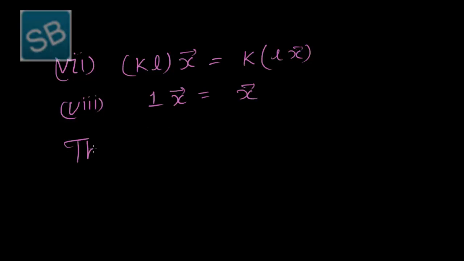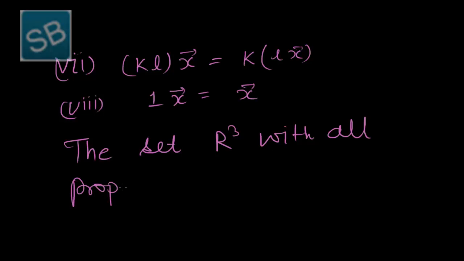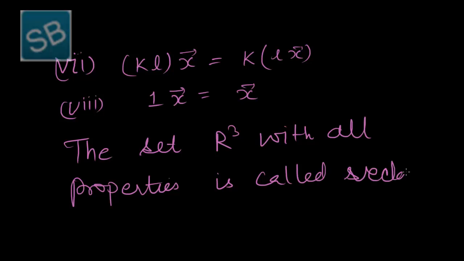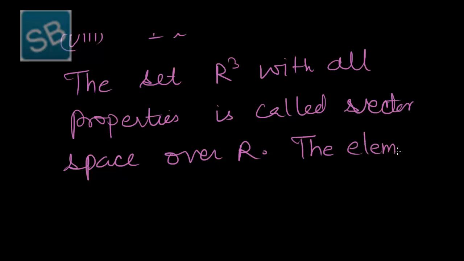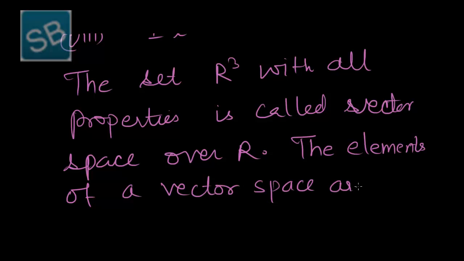So the set R cube with all these properties is called a vector space over R, and the elements of a vector space are called vectors.